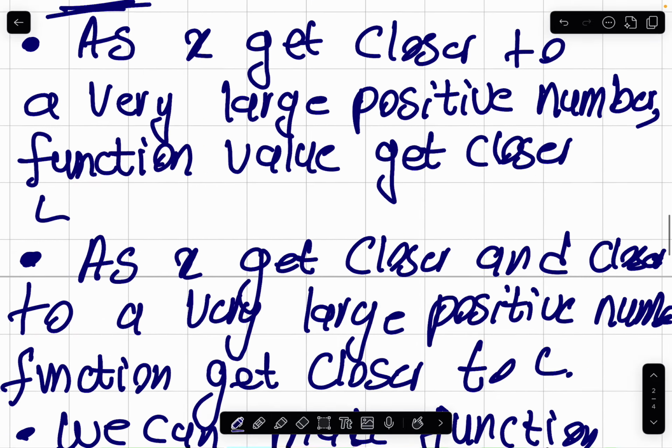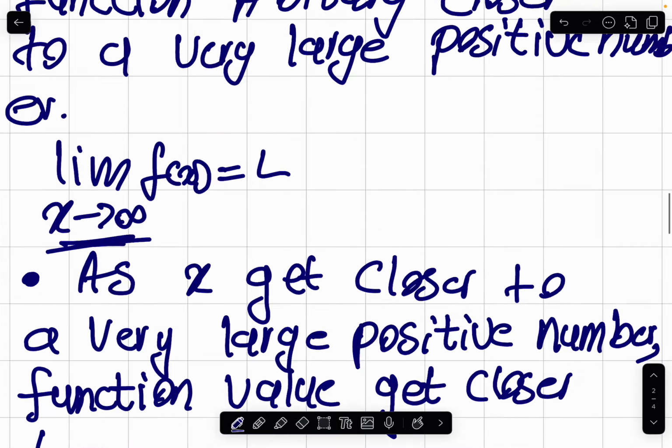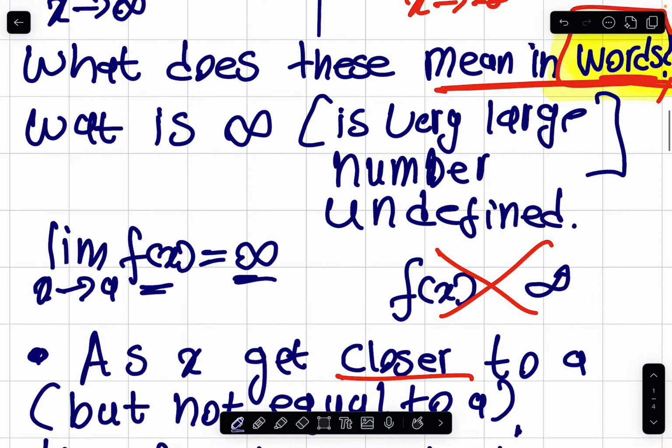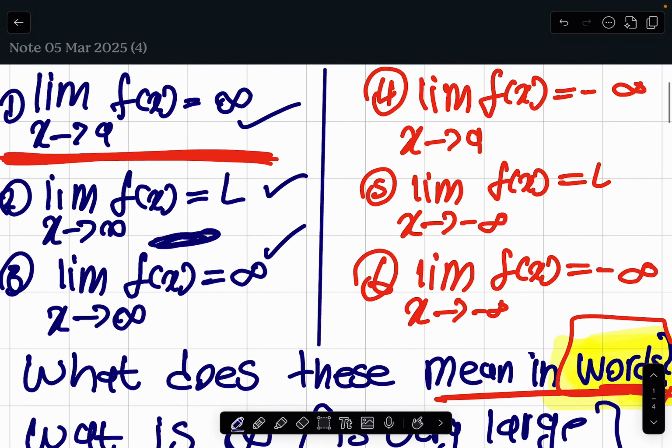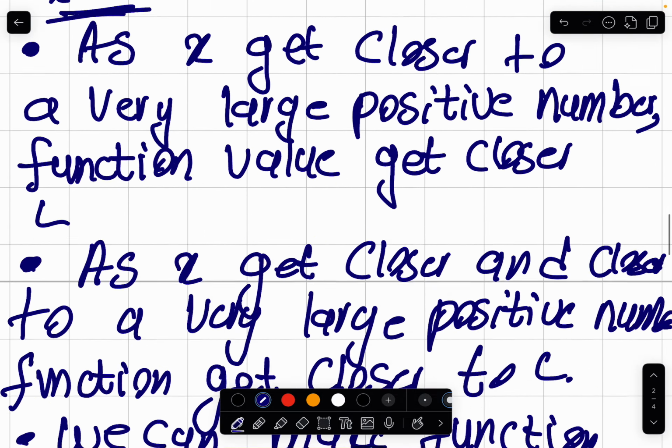So let's go and check another point. How can we explain that point? The point is point number 3. We are done with this one and this one. Let's check point number 3. They are both approaching what?